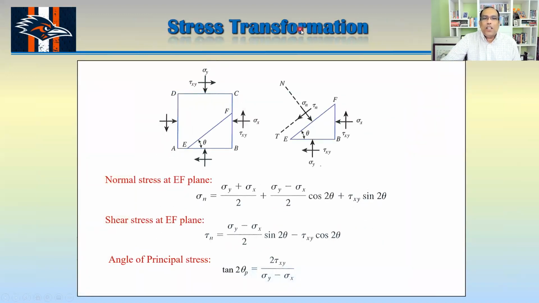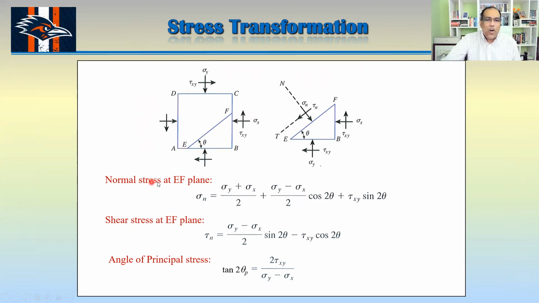Now, stress transformation. You already did that one, and I'm just trying to review it a little bit because we need to use this equation here. Let's say this is an element, and you have your sigma x, sigma y, tau xy, tau xy here, and any particular plane here, which is making theta with the x-axis.